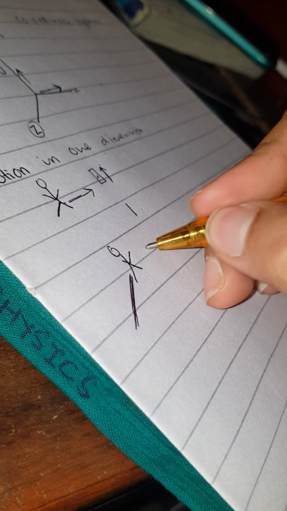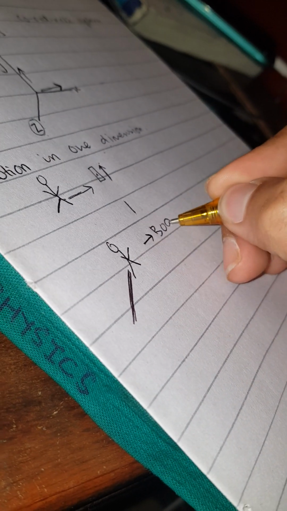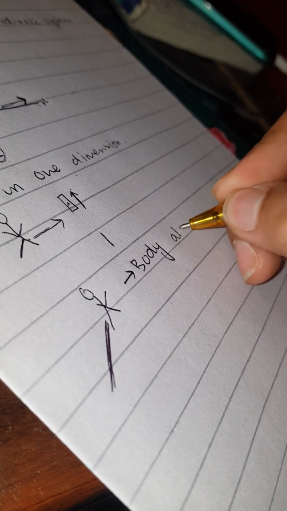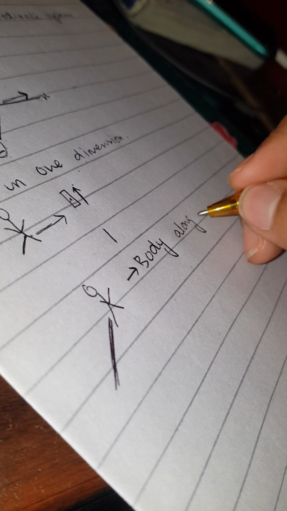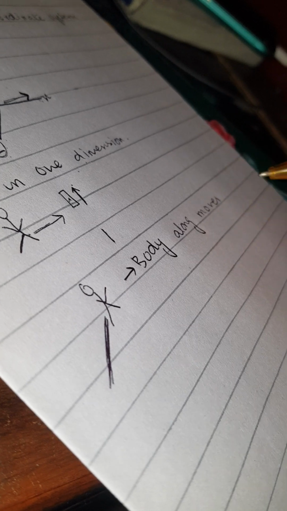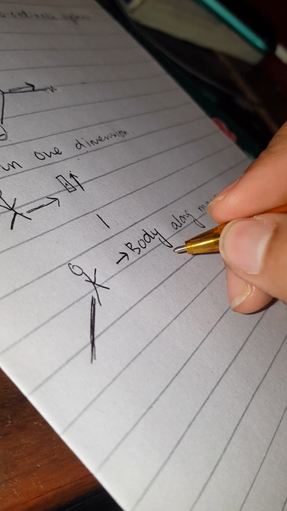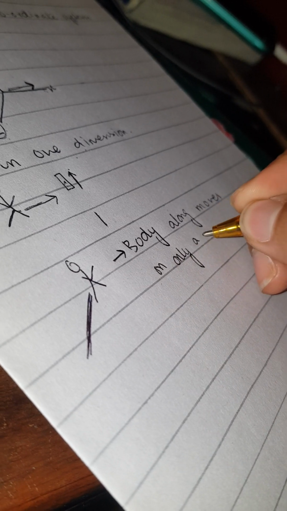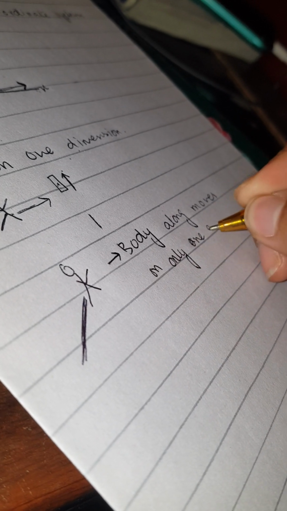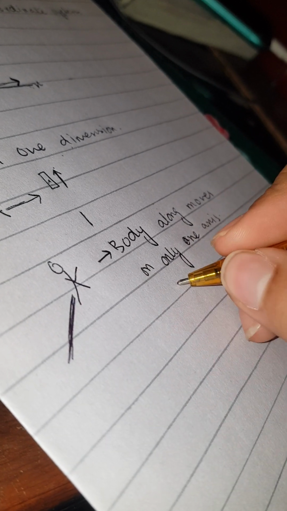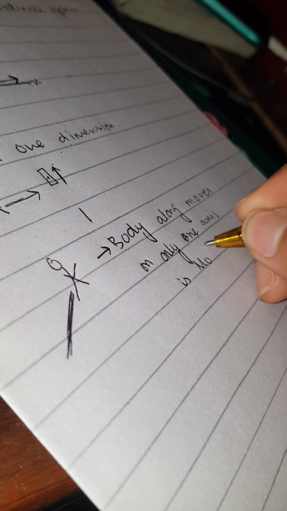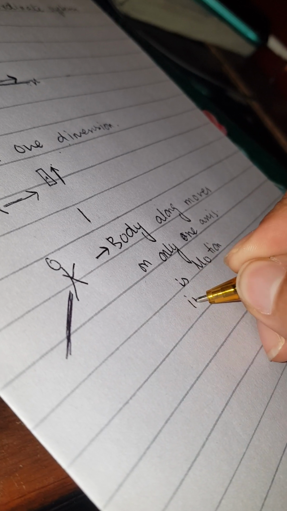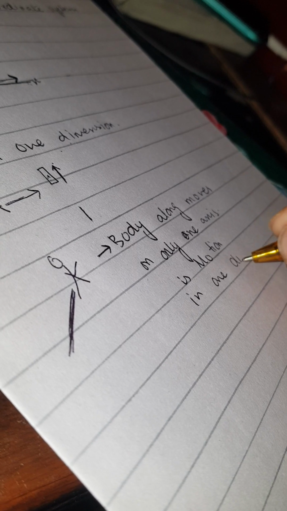We can see that if a body moves along only one axis, it is motion in one dimension.